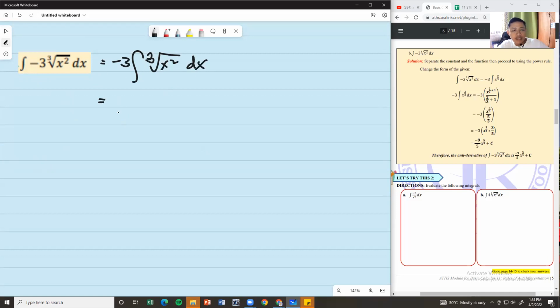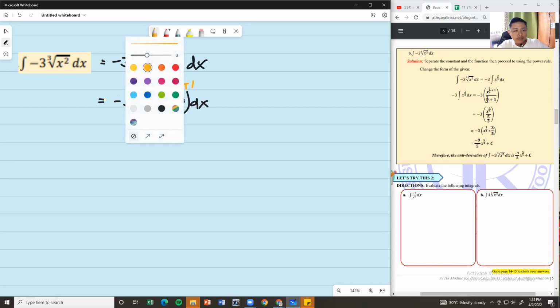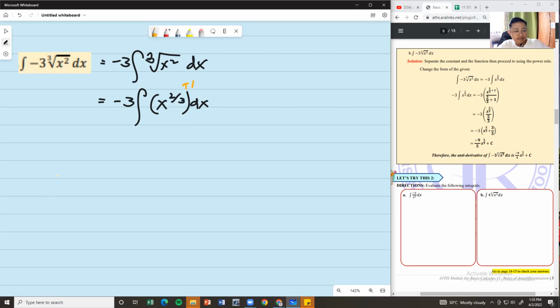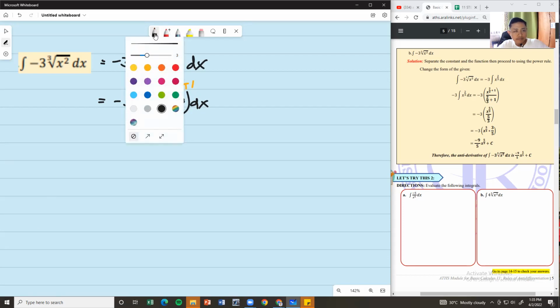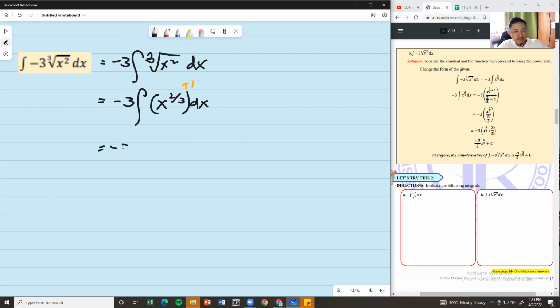Okay. So continuing it, this will become negative 3, the integral of, let's change this to fractional exponent. This will become x raised to 2 over 3 dx. And then, of course, we need to add 1 here. Plus 1. So this will become negative 3.